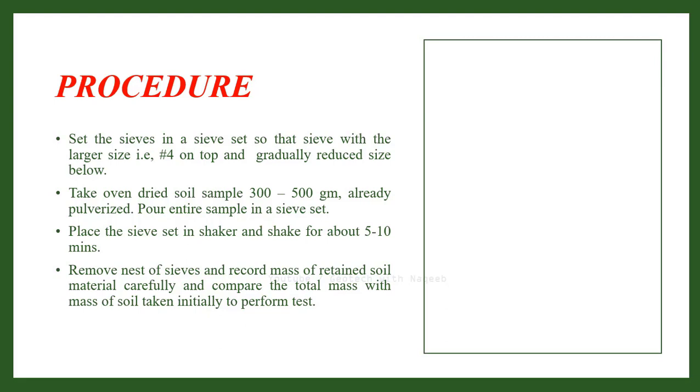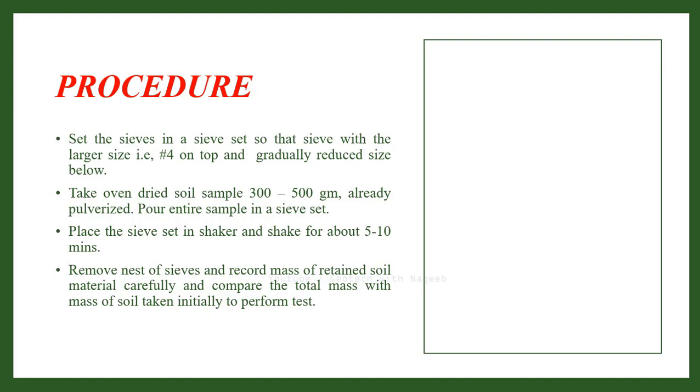The meaning of this sentence is that, let's say you took a soil sample of 500 grams and you perform the sieve analysis test. You pour the soil sample in the sieve set, then you manually shake this sieve set, and you weigh the soil sample retained on each sieve.